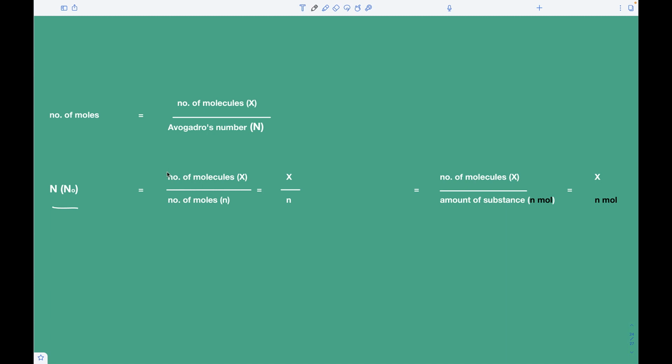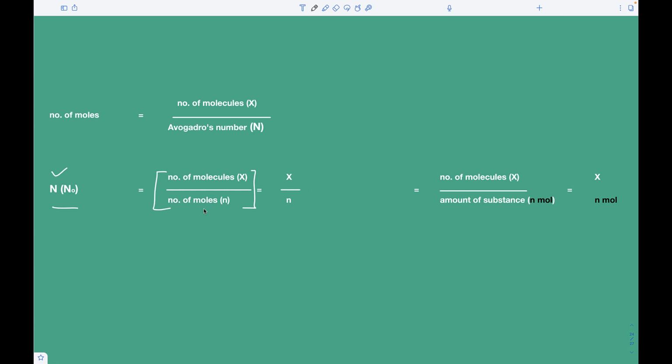And understand that this ratio is dimensionless because both in the numerator and denominator we have numbers that are dimensionless. Therefore, Avogadro's number is just a number without any units.